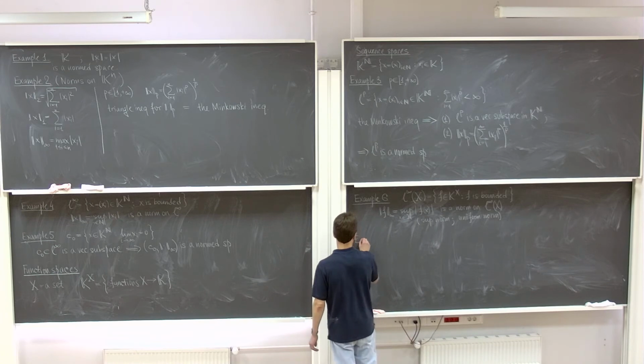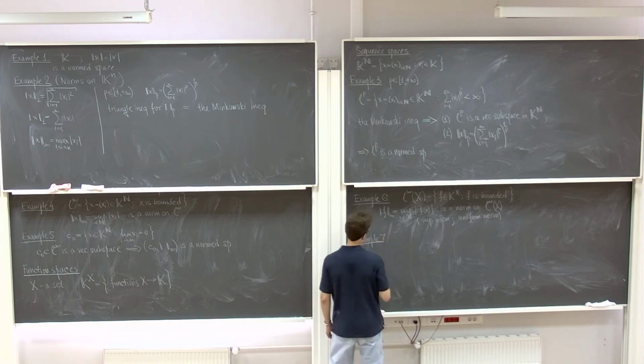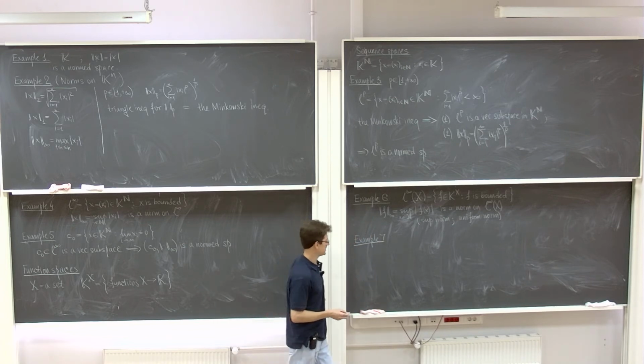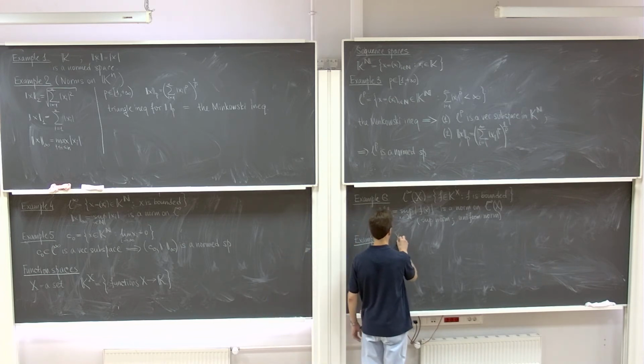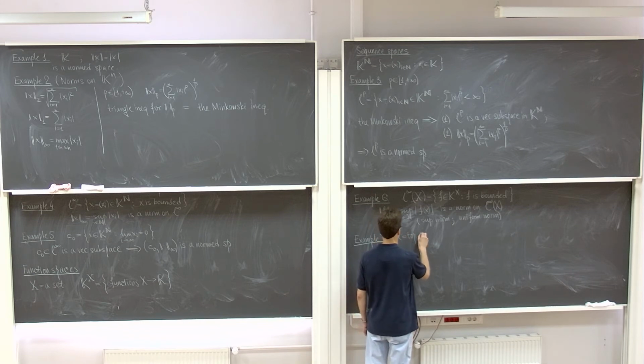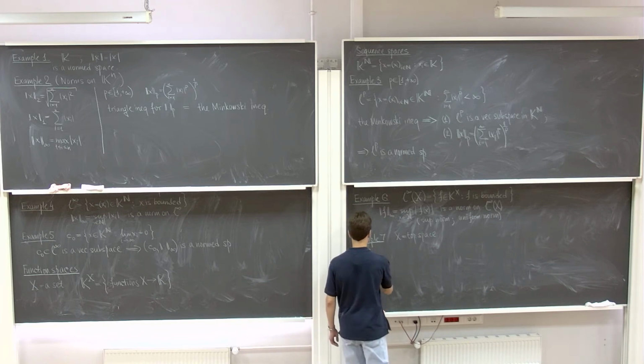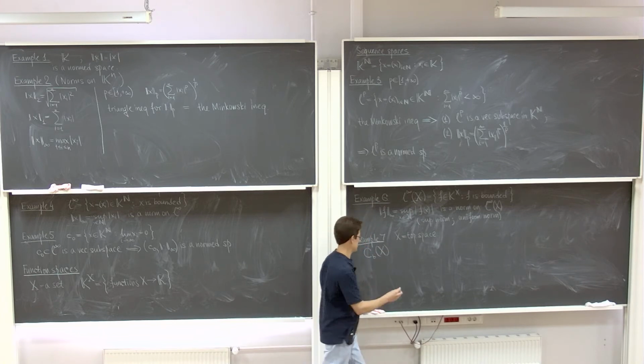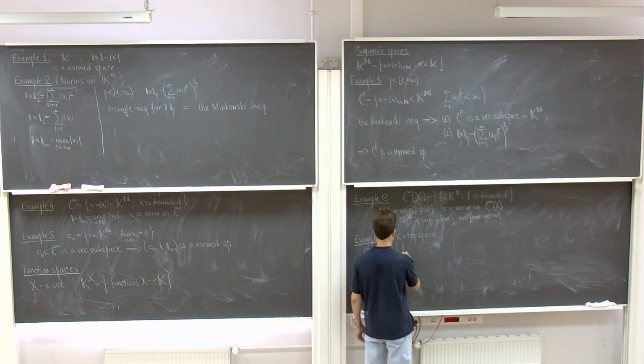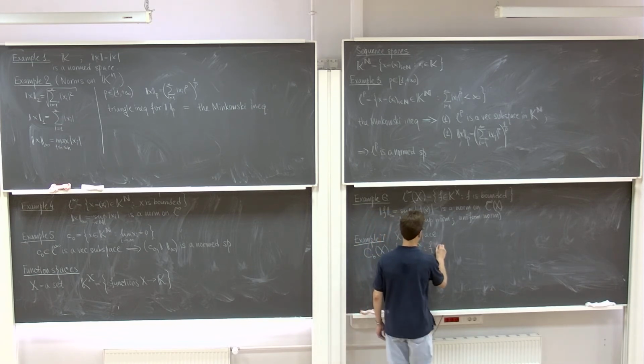Example 7. Suppose now that X is not just a set, but is a topological space. In this case, we can consider the space denoted by C_b of X, which consists of all bounded continuous functions, that is, f is continuous and bounded.